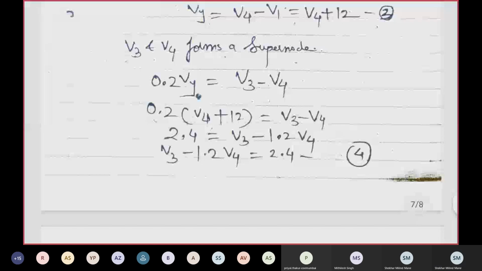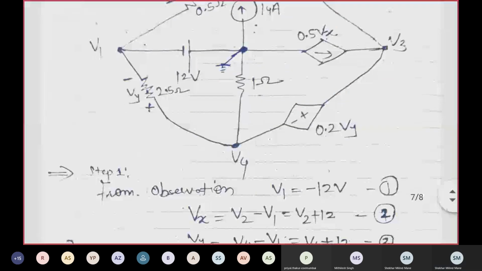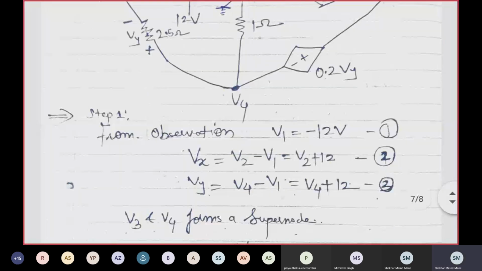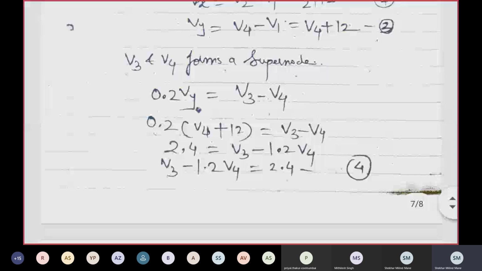Now, you can see this V3 and V4 forms a supernode. See this diagram. V3 and V4 forms a supernode. So one equation we will get from this supernode itself. So I can write 0.2 Vy is equal to V3 minus V4, since positive is at the V3 side.